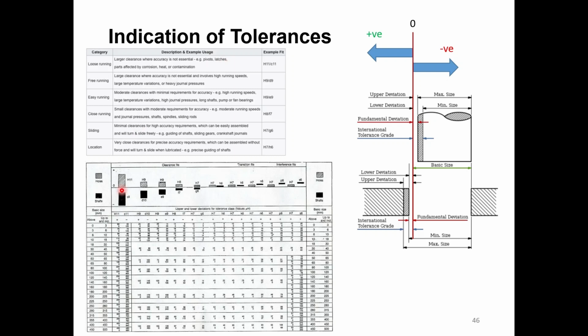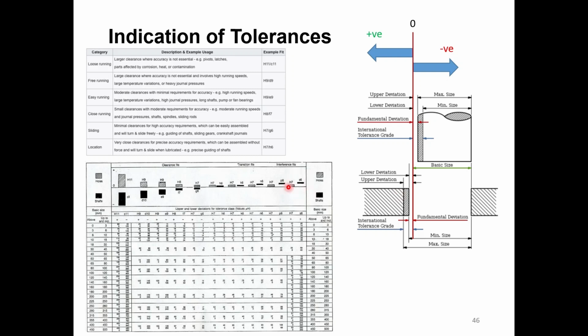That's why it's shown here a little bit away from one another, meaning that there is a clearance. And this clearance keeps decreasing as you move in this direction. At some point here, we start the transition fit, and then the shaft dimensions move to the left-hand side and become even higher than the dimension of the hole.